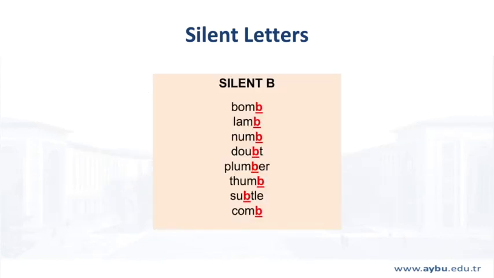In these words, silent B usually comes after M. And here are how we should pronounce them. Bomb, lamb, numb, doubt, plumber, thumb, subtle, come.